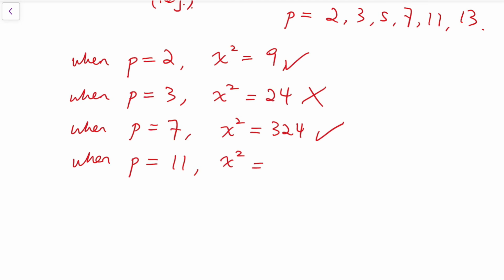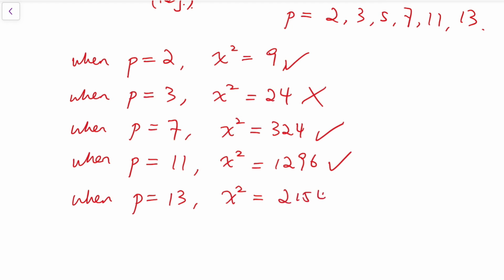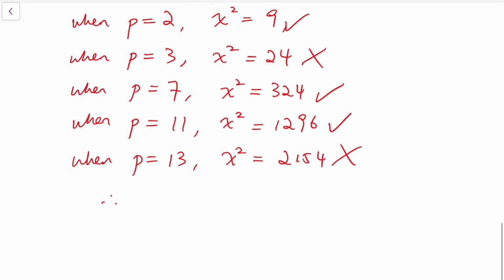When p is 11, then x squared equals 1331 minus 44 plus 9, 1296. A perfect square, it is 36 squared. And finally, when p equals 13, it is 2197 minus 52 plus 9, 2154, not a perfect square.